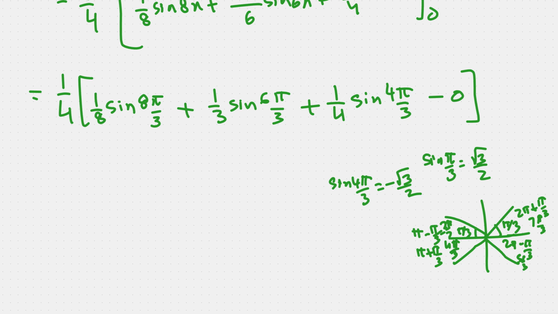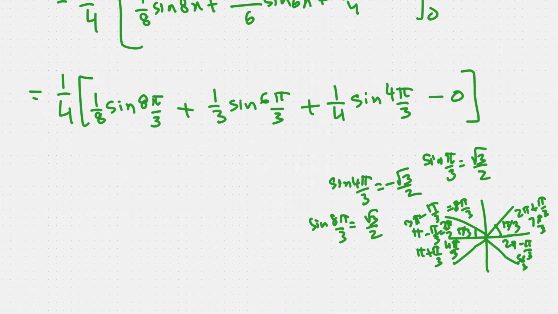Once again, this is 2 pi plus pi, so this is 3 pi minus pi over 3. So 9 minus 1, that is 8 pi over 3. So 8 pi over 3 also lies in the second quadrant, hence it is positive. I had to do all this to get it. Maybe you already know, you don't need to do so much extra work that I did. So root 3 over 2.